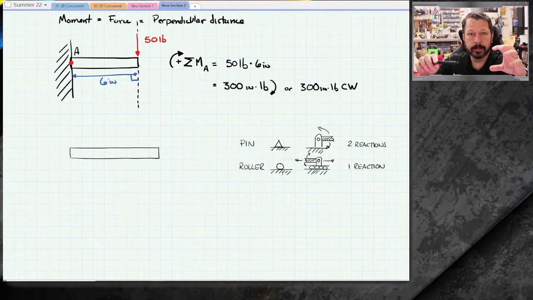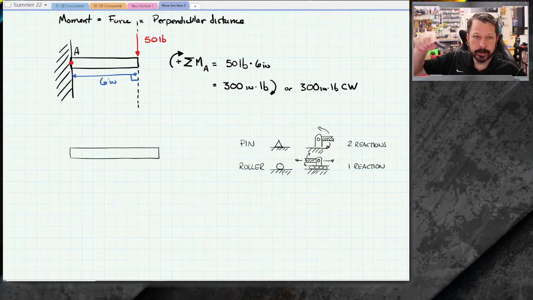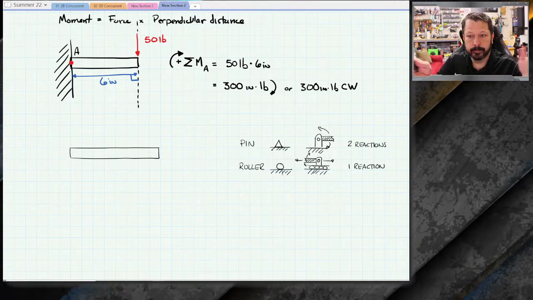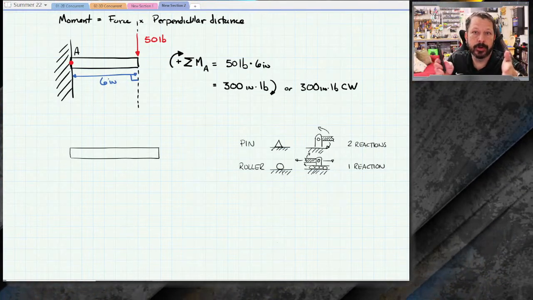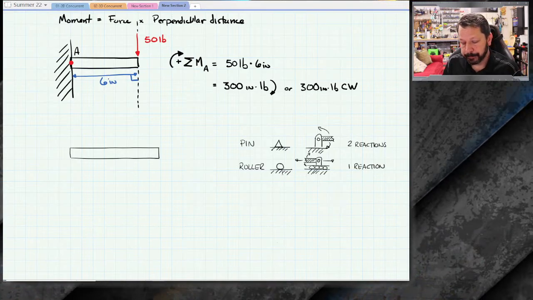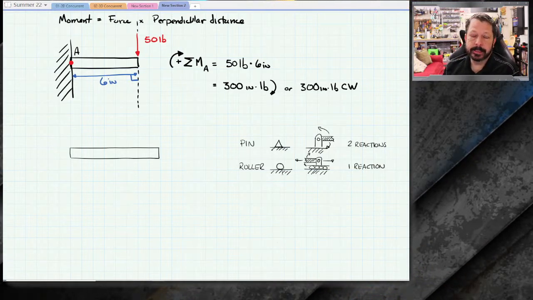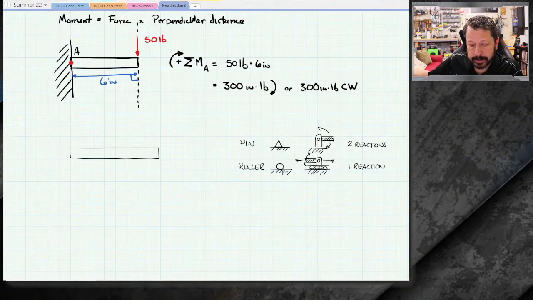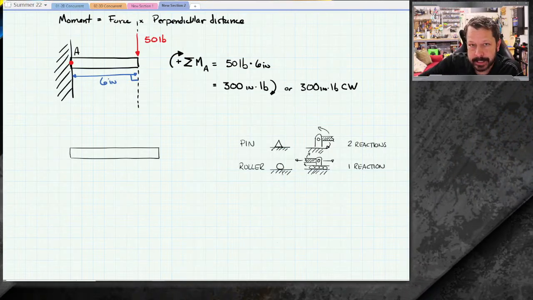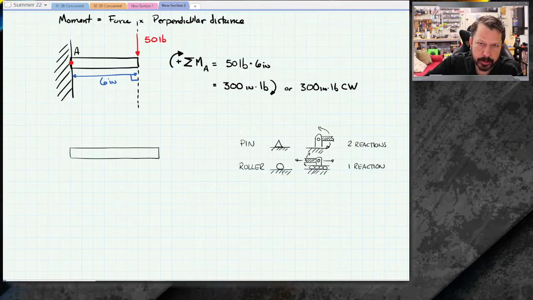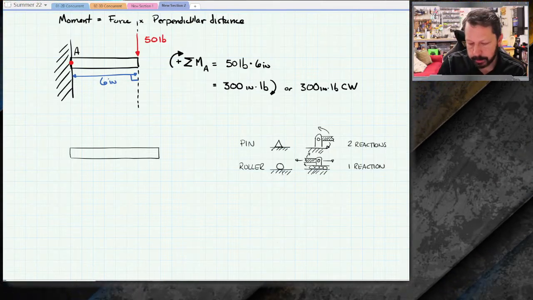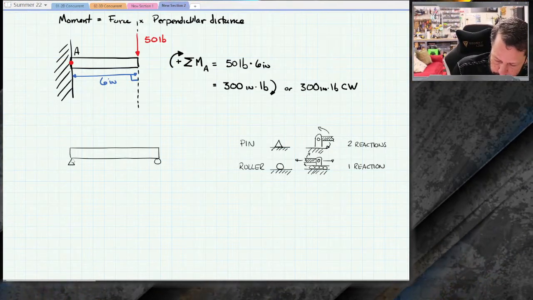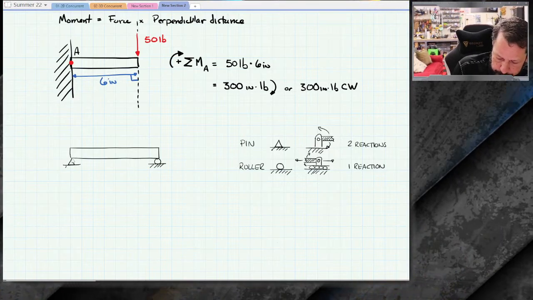It might be that when you drive across a bridge and you hear the thumping sound, those are expansion joints where the decking can expand and contract when it gets hot and cold. So it's modeling a realistic thing, but you may not actually see a roller skate on a bridge somewhere. So all that to say, we're going to put a pin over here and a roller over here on my little beam bridge.